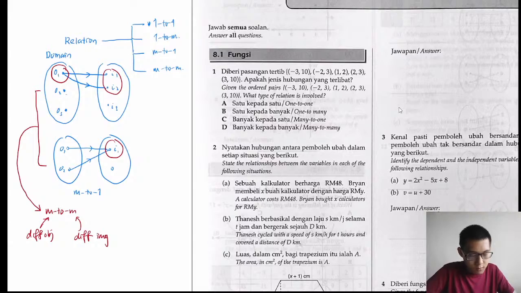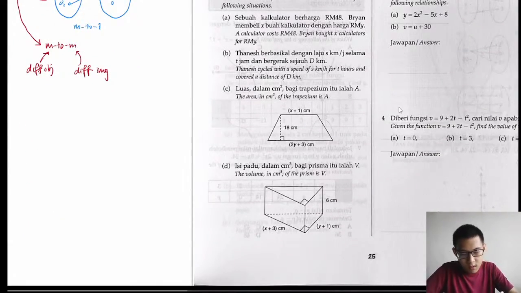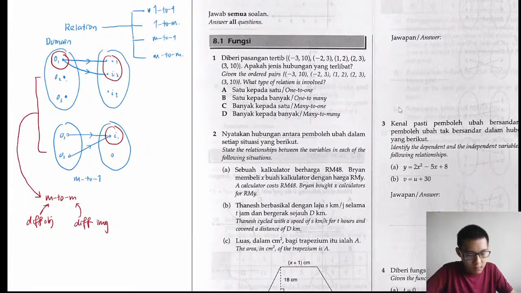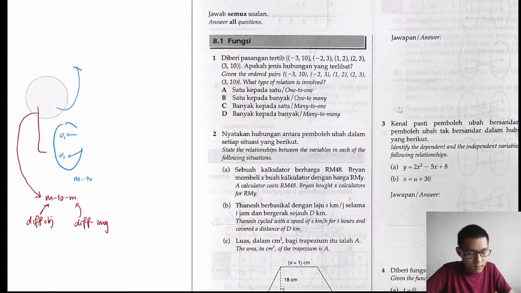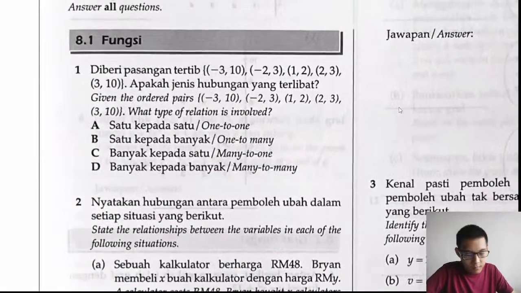If you want to memorize, I don't know how to think so. Later I will try to explain more about how we identify whether it's 1 to 1, many to 1, like that.